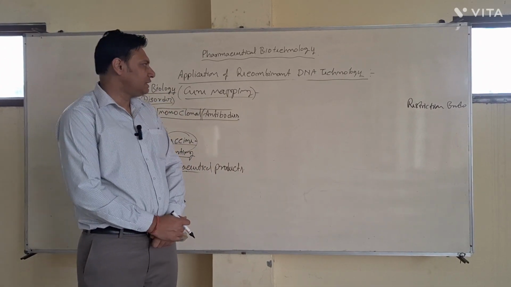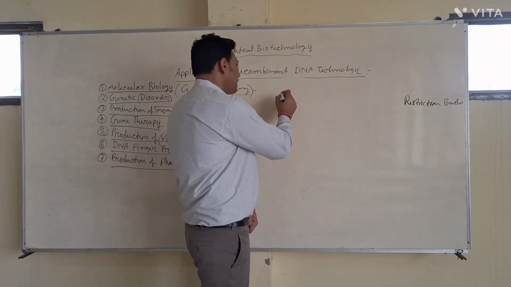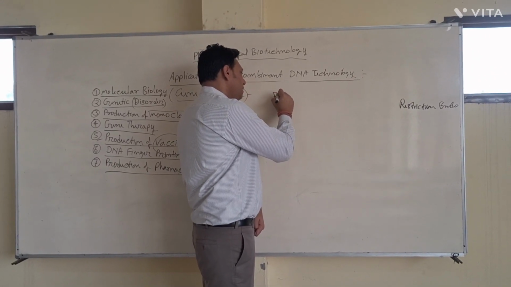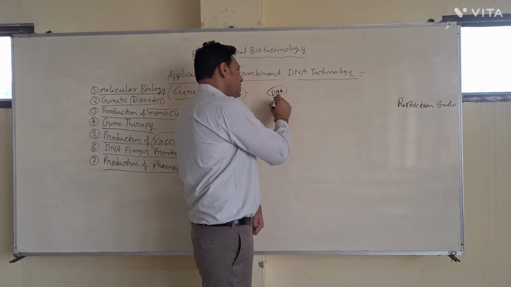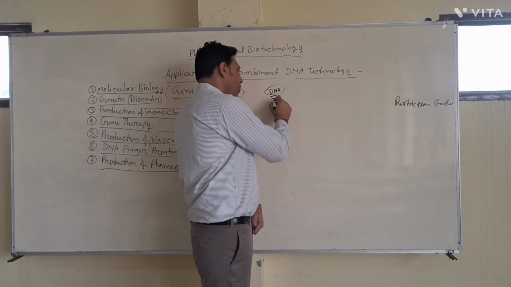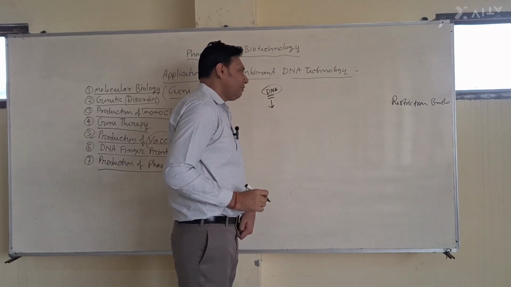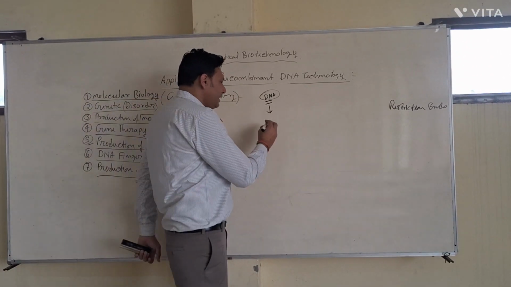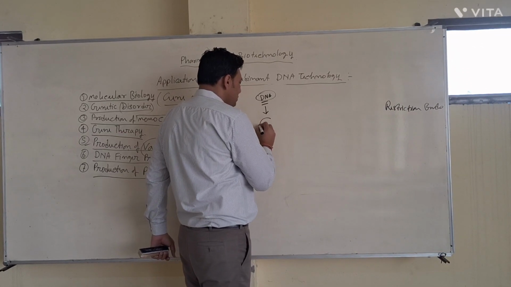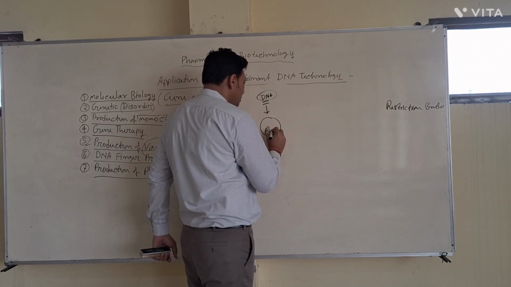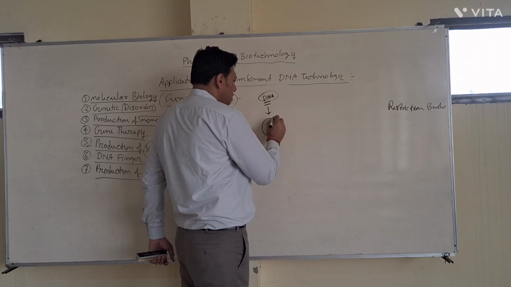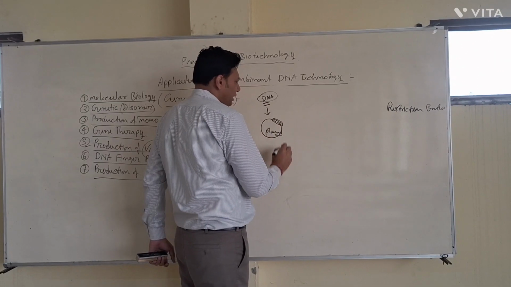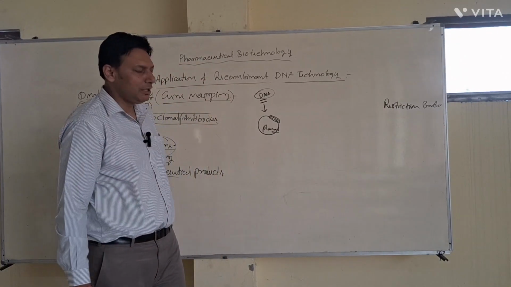In brief, we can understand, here we are having the DNA which we have received from any donor cell and which we are going to multiply. This DNA will attach to the plasmid, and it will work as a carrier.